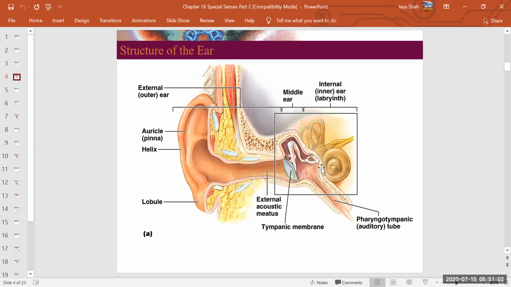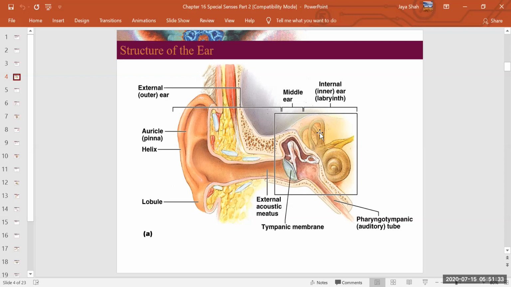Here the stapes has a foot process. The foot process is attached to a membrane called the oval window, which is part of the inner ear. These bones are attached to several muscles, the stapedius and tensor tympani muscles, which join them and attach them to the wall. So this is the middle ear cavity.